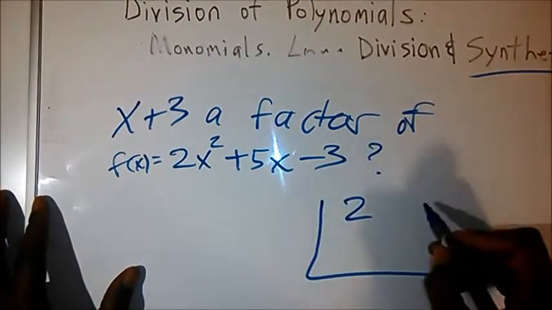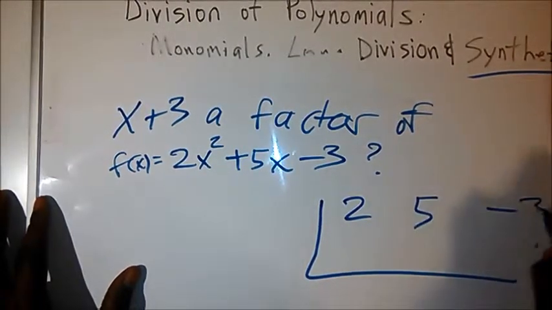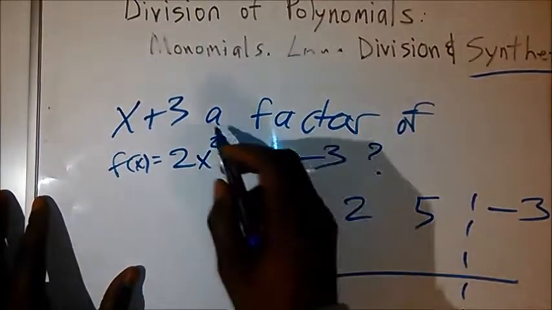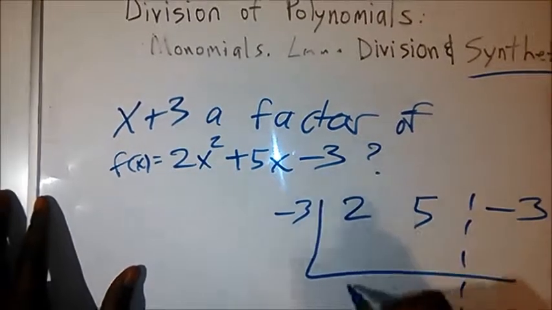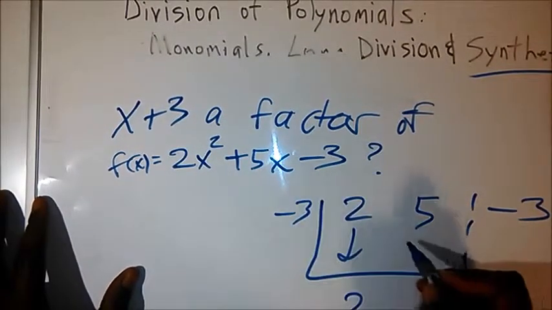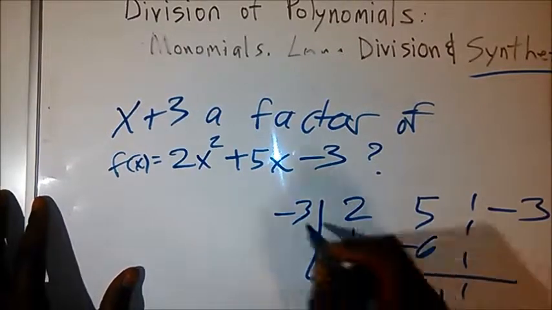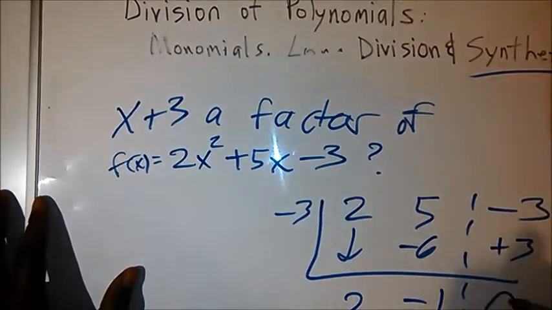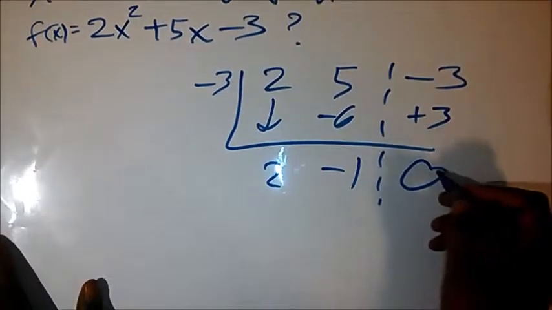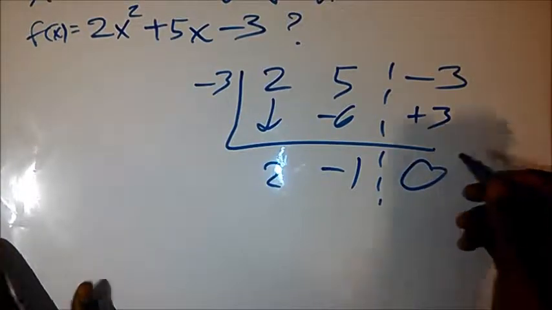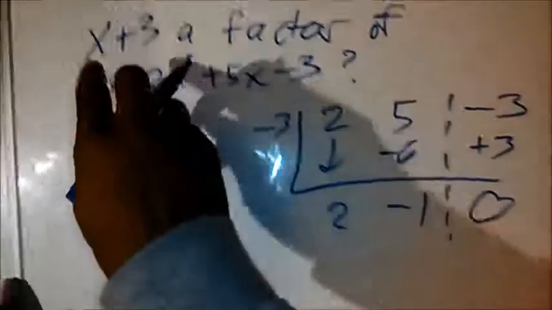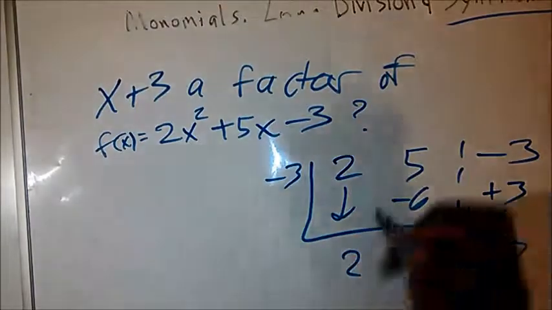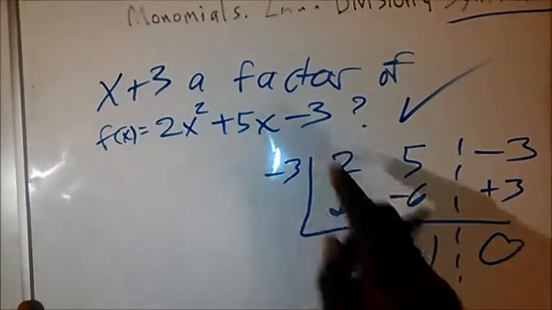We have 2 here, 5 here, negative 3 here. Okay, that will be negative 3. Bring down our 2. 2 times negative 3 is negative 6. It's negative 1. That's positive 3. And look, our remainder is 0. Because our remainder is 0, x plus 3 is indeed a factor of this function.